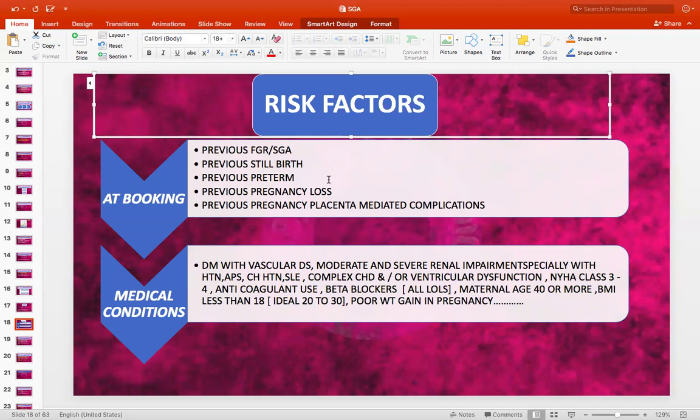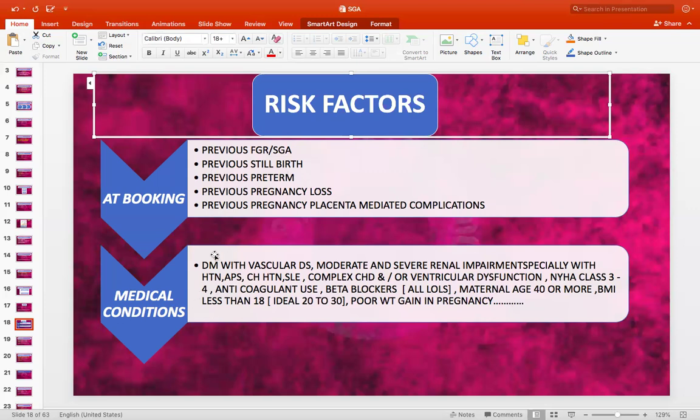So it eventually caused pregnancy loss, right? So previous FGR, SGA and previous pregnancy loss, right? If not pregnancy loss, then probably previous preterm. If not there, then stillbirth. So FGR, SGA, then pregnancy loss, then preterm, then stillbirth, and placenta mediated complication. Previous pregnancy with placenta mediated complication.